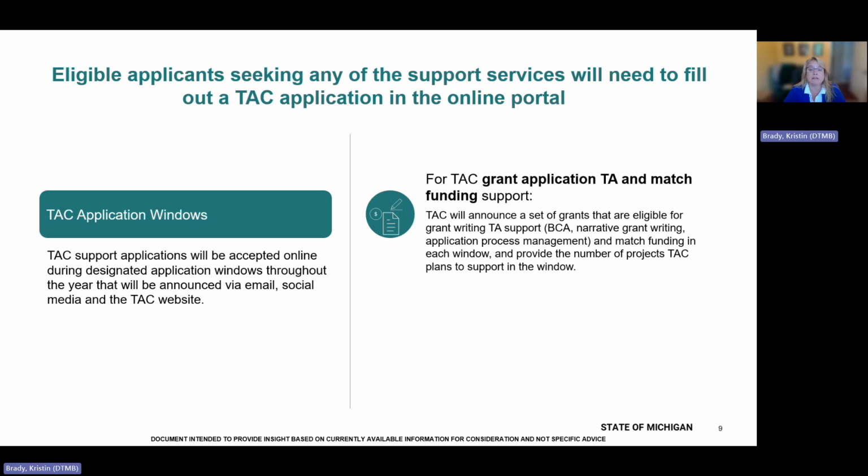But again, I explained that the applications are due to the federal USDOT September 10th. So we are rushing the turnaround time here to get folks in. And then you will fill out an application for grant writing and potentially match funding support within the portal. And we'll go over that in a moment.